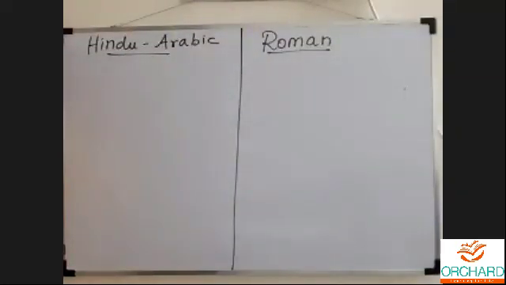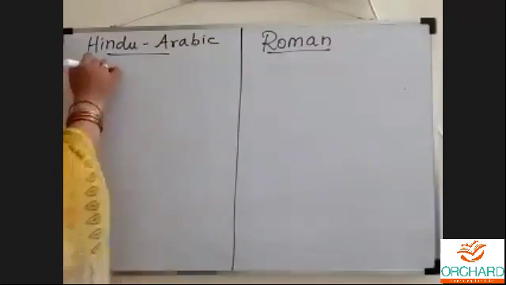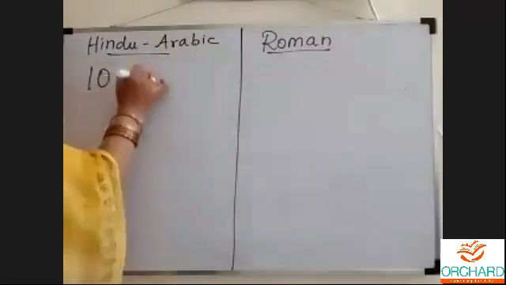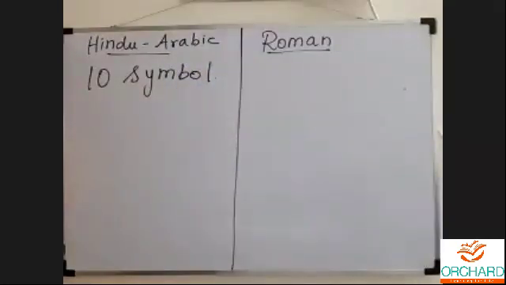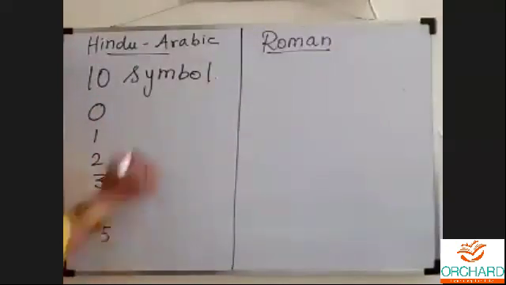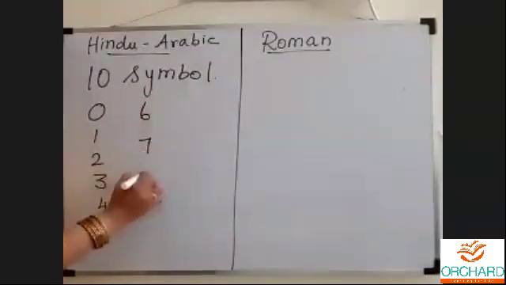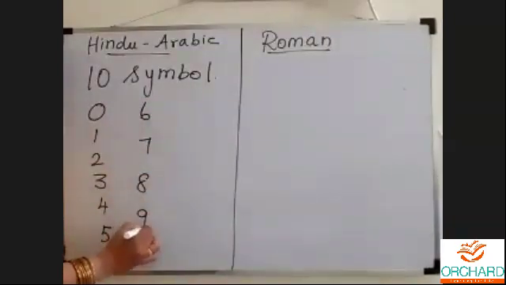Please answer me. Very good, Harit. We have 10 symbols. Super. So what are the symbols? Okay, it starts from 0, 1, 2, 3, 4, 5, 6, 7, 8, and 9.